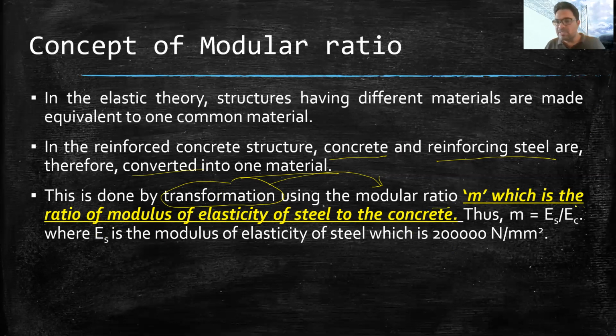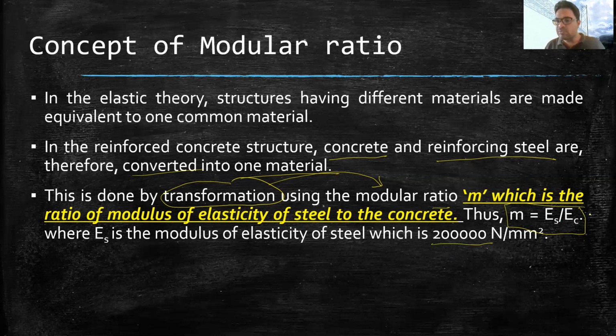Or in other words, mathematically we can say M is equal to ES by EC. Modular ratio is expressed as M, and it is basically the ratio of Young's modulus of elasticity of steel to the concrete. And we know that the ES value is 2 into 10 raised to power 5.